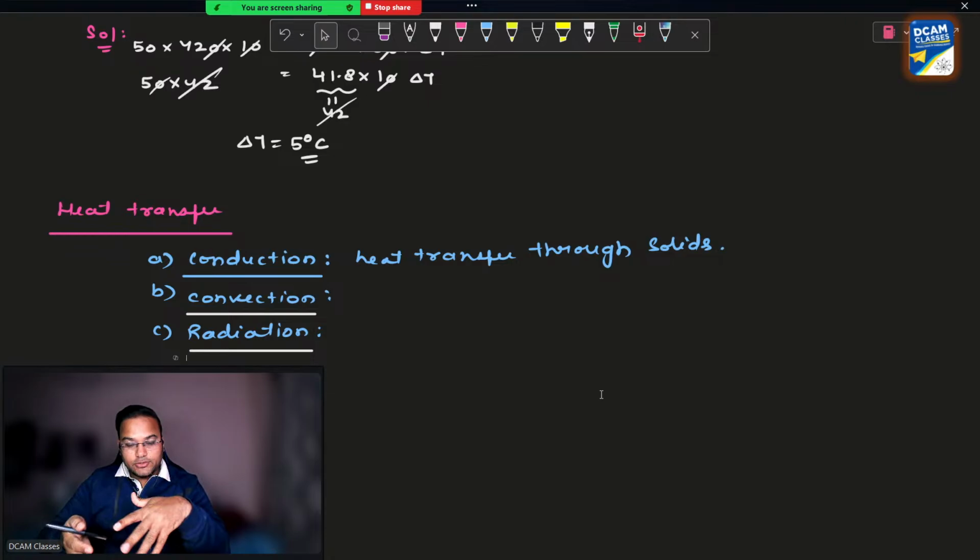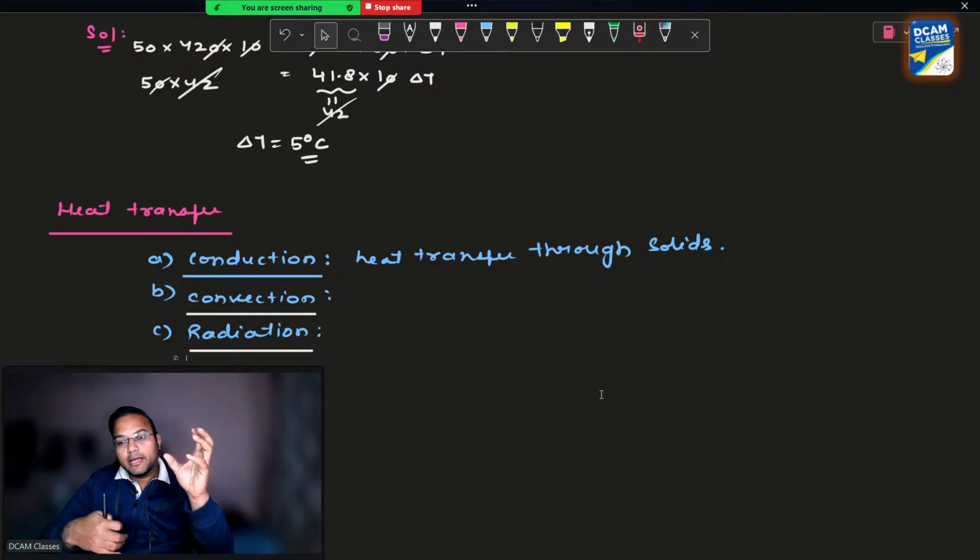Because of this, rain actually happens. Whenever there is sun, the water gets heated. Water has the property of very high specific heat, 4.18 into 10^3, so it can hold heat for a longer time.